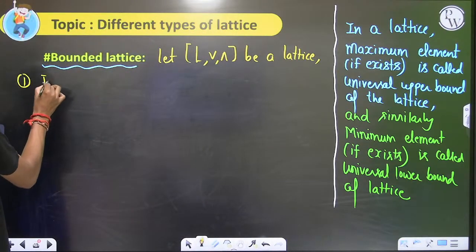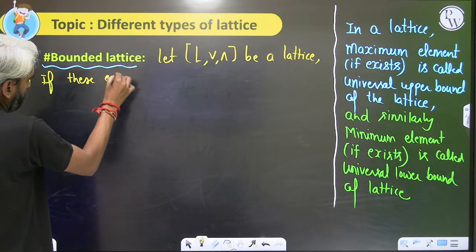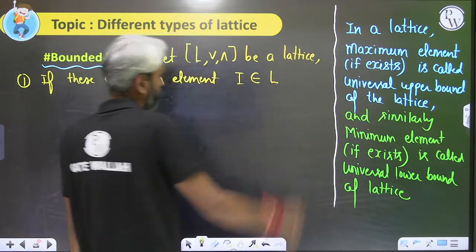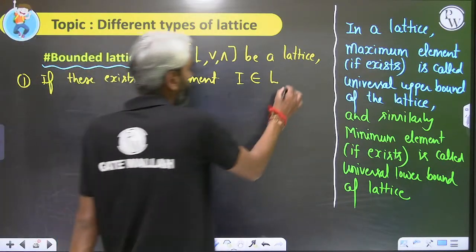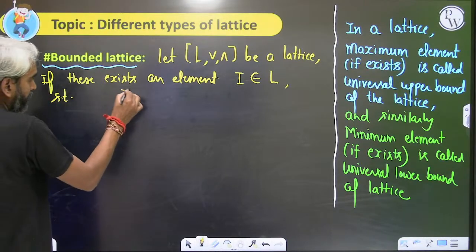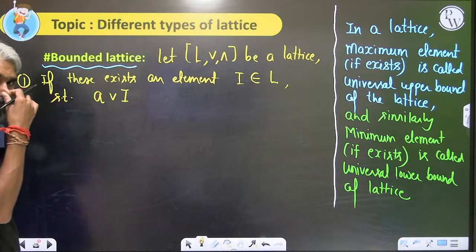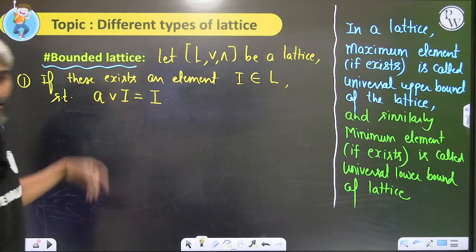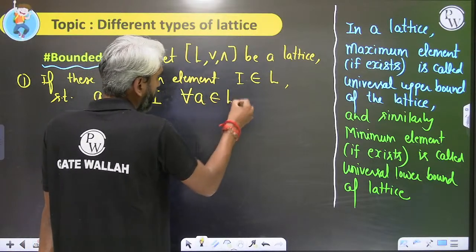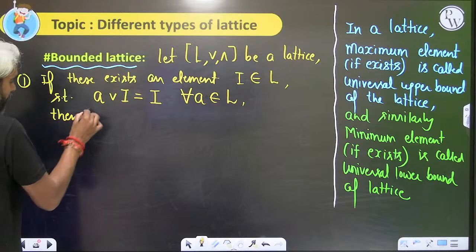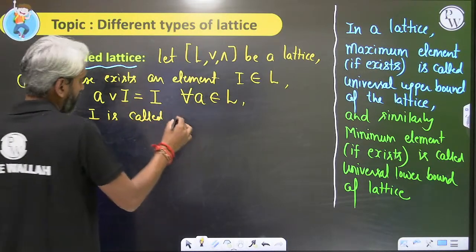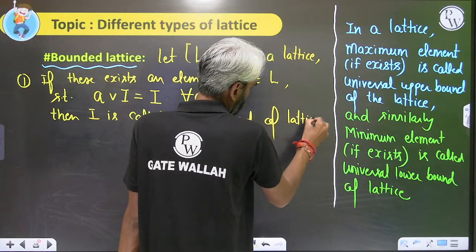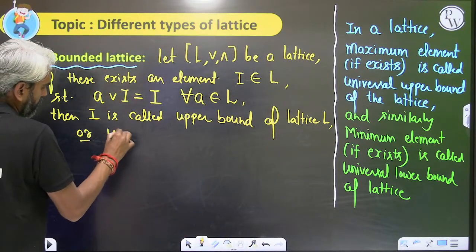First, if there exists an element I belonging to L such that the least upper bound of I with any element A of the lattice L comes out as I, that is, the least upper bound of A and I equals I for all A belonging to lattice L, then I is called the upper bound of lattice L or universal upper bound.